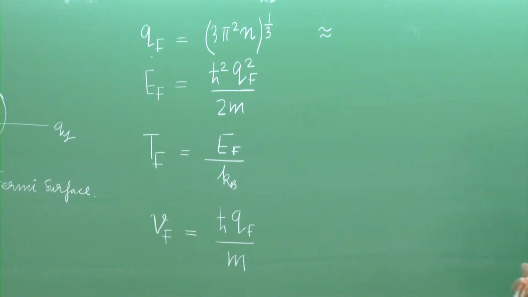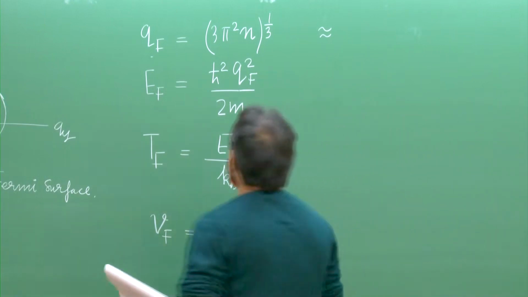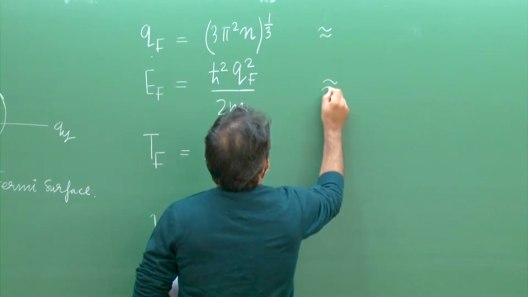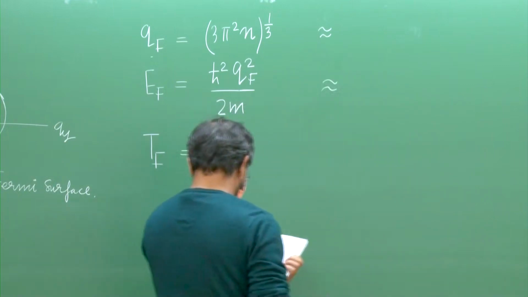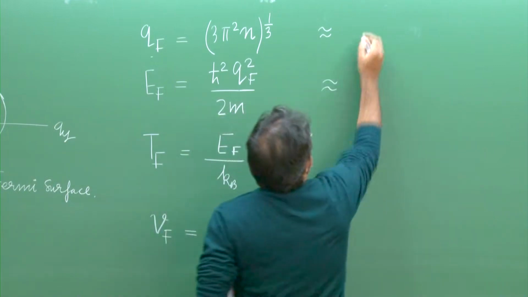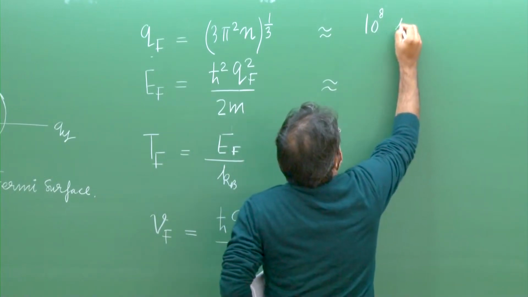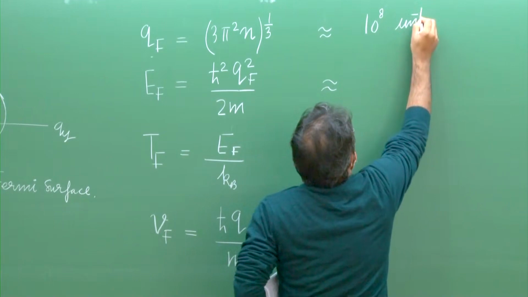Okay. So if I were to write these numbers for sodium metal, qF will be the first thing that I would estimate, and this qF is of the order of 10 to the power 8 centimeter inverse.